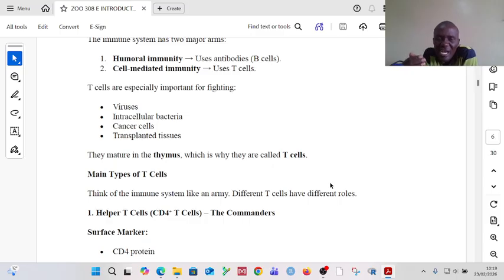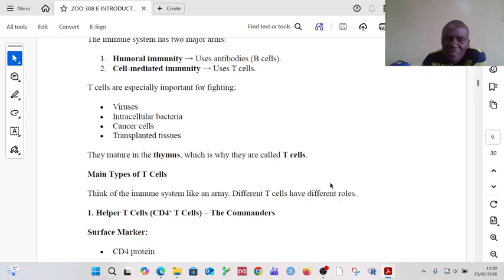T cells are vital in fighting viruses, as we've seen, intracellular bacteria, cancer cells, and transplanted tissues. Okay. These T cells mature in the thymus, and that's why they have that T. Okay, T, because of the word thymus.